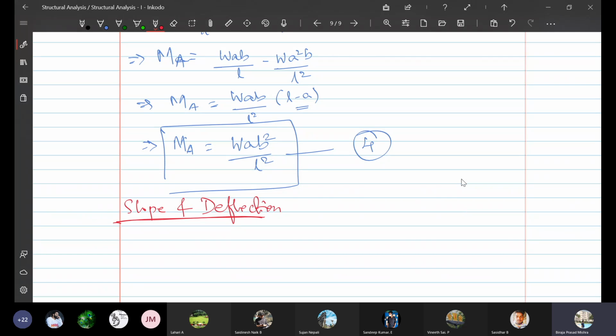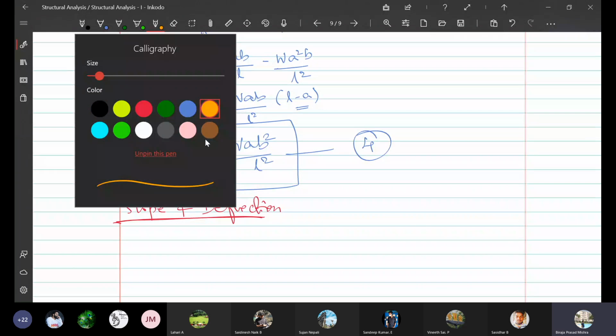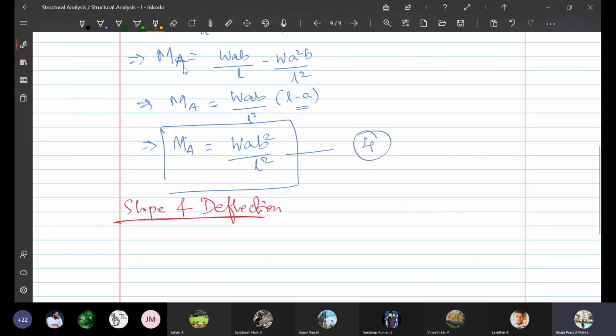Let me redraw this figure. Let me remind you that we are doing the analysis of a fixed beam having a concentrated load of magnitude W, which is placed eccentrically on the fixed beam.